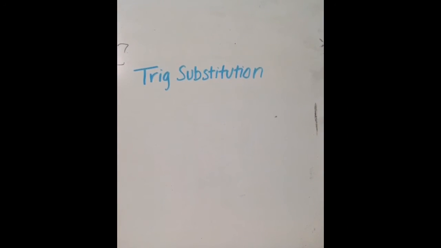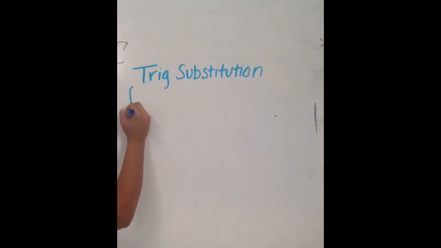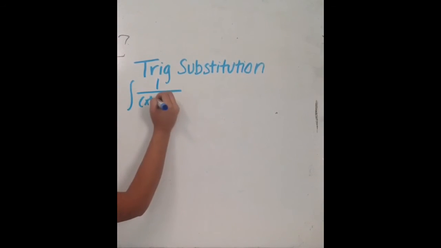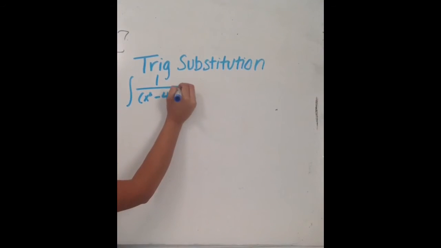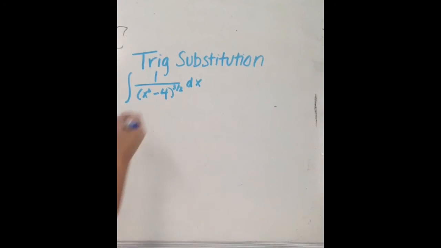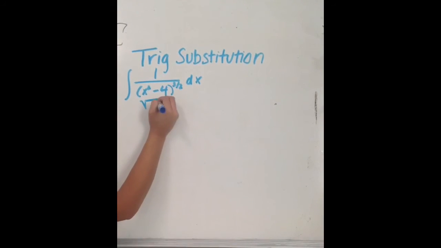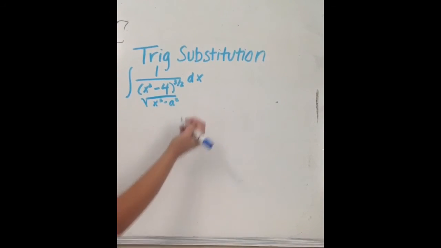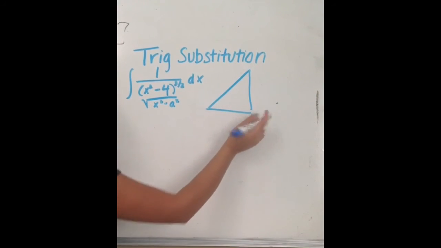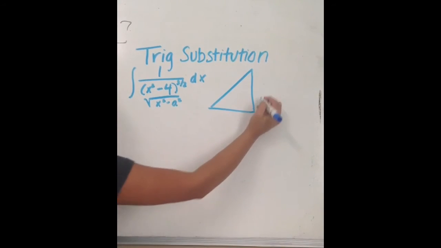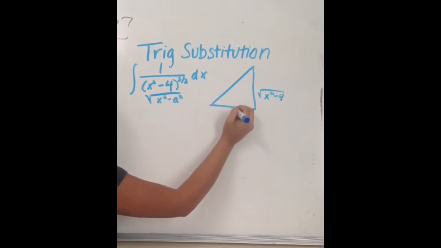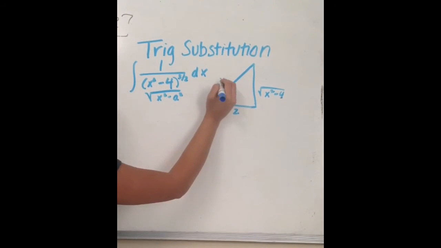Okay, so this trig substitution problem is a little more complicated. We're going to take the integral of 1 over x squared minus 4 to the 3 halves dx. So this mimics x squared minus a squared. So the triangle will look like this. Square root of x squared minus 4, then we'll have 2 right over here, and then x right over here.